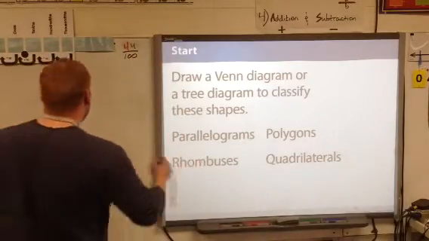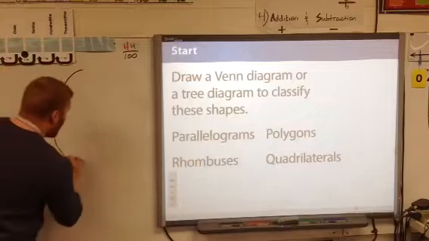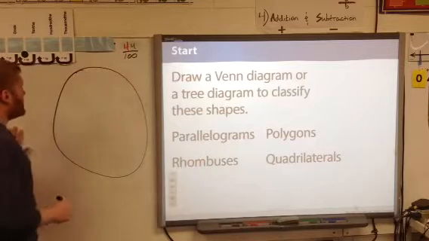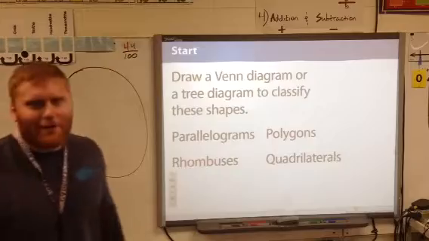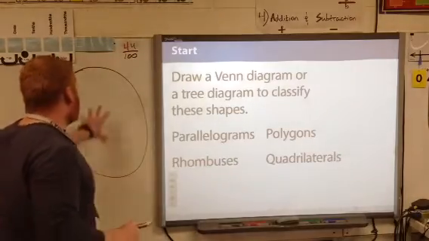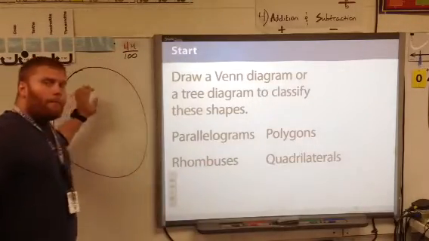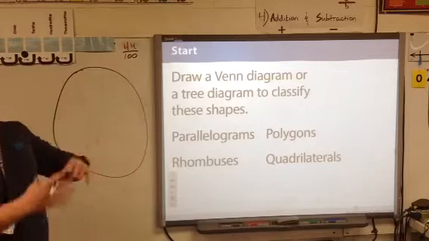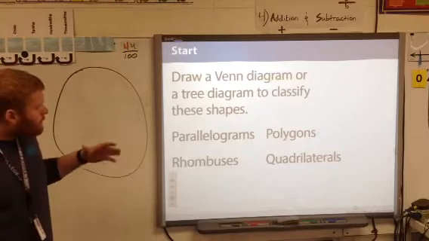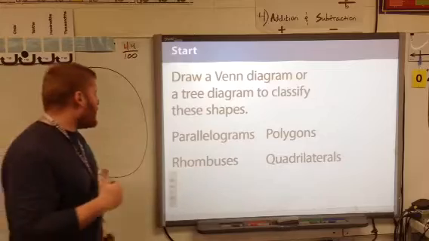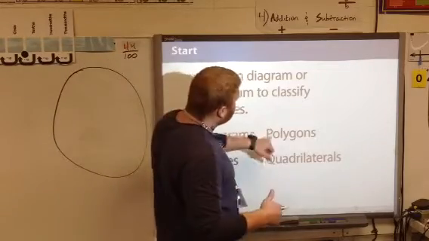Remember, if I have a circle, I have a really broad, all-encompassing circle. It's not really a circle, more of an egg, but you get the point. My big circle is the most broad shape that I have in here. So let's look at the shapes that we have: parallelograms, rhombuses, quadrilaterals, and polygons.